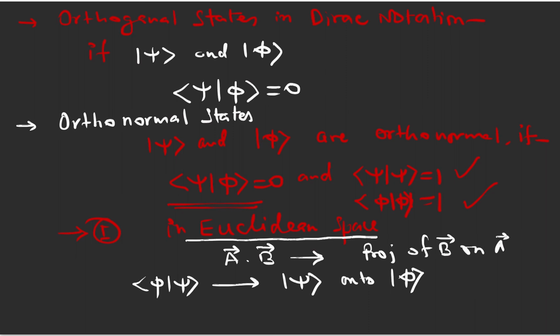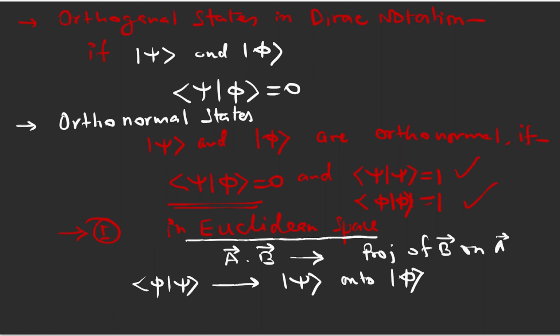That means as in Euclidean space, the dot product of two vectors represents the projection of one on the other. In a similar way, in the case of Hilbert space and in Dirac notation, the scalar product bracket phi with psi represents the projection of psi onto phi.